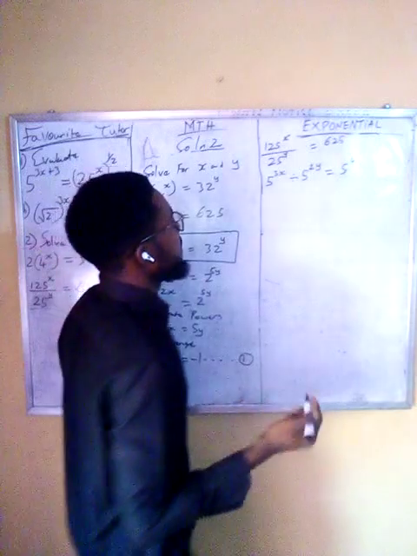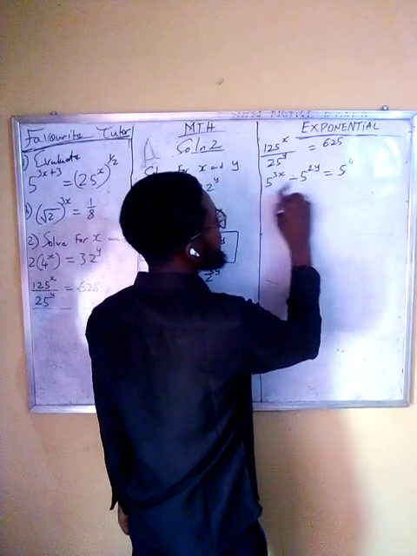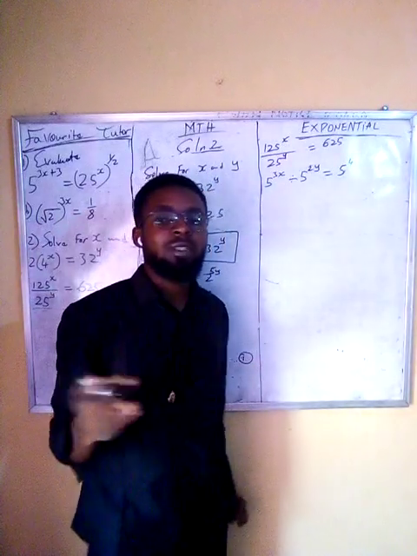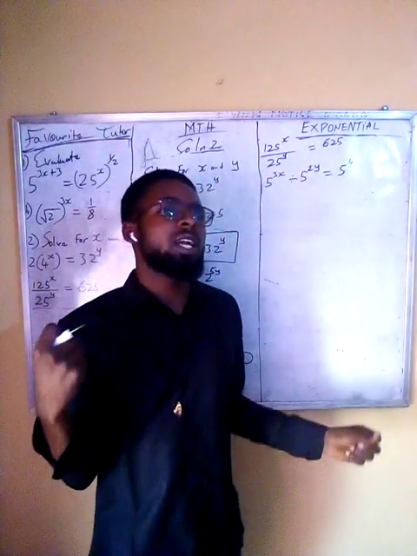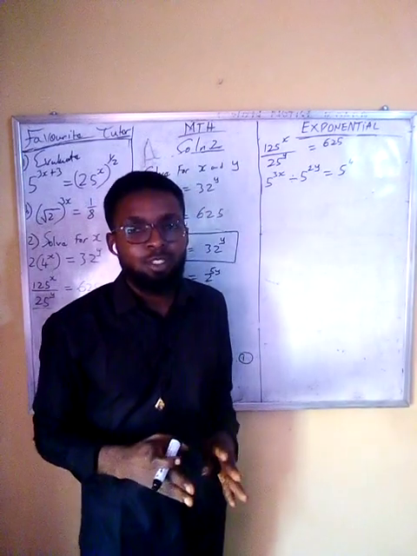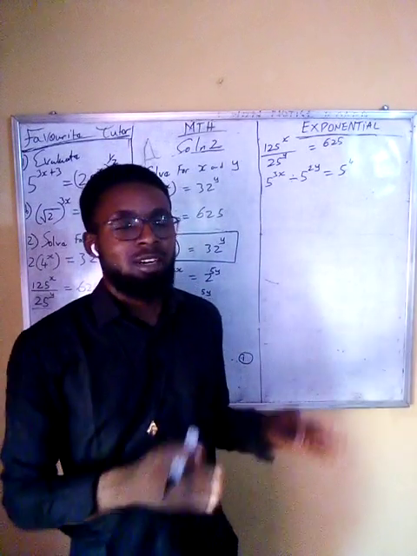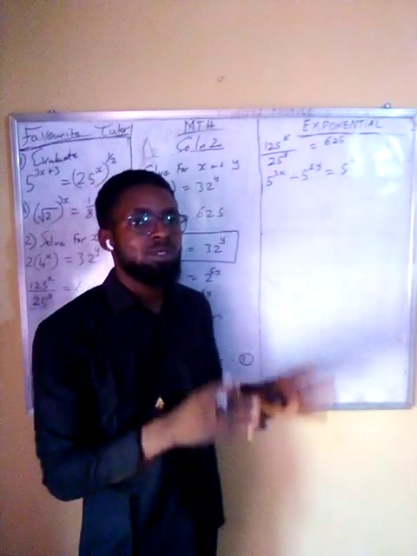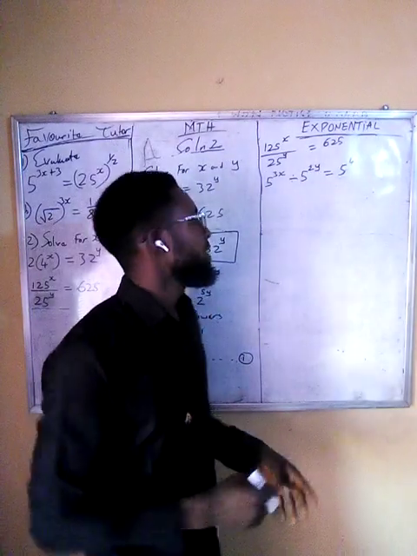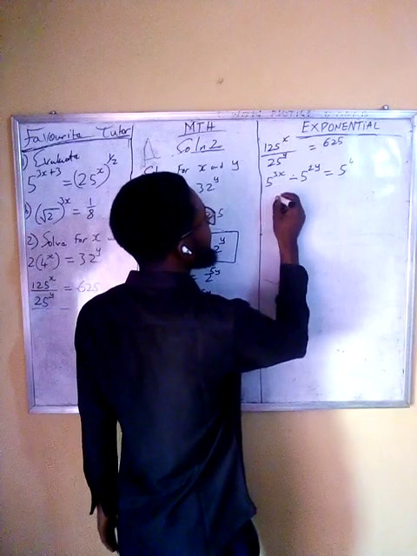Now look at the left-hand side of this equation. You can see 5 is here, 5 is here. The values are the same according to the law of indices. Please go and study the law of indices; in our previous classes I talked about indices, so go to my previous video and you'll see the law of indices and the examples. So let's continue. We pick one 5.